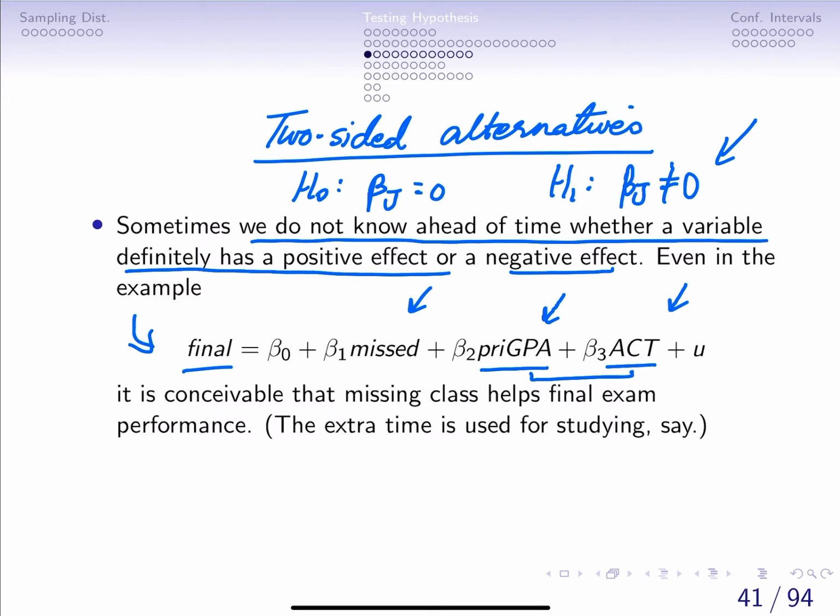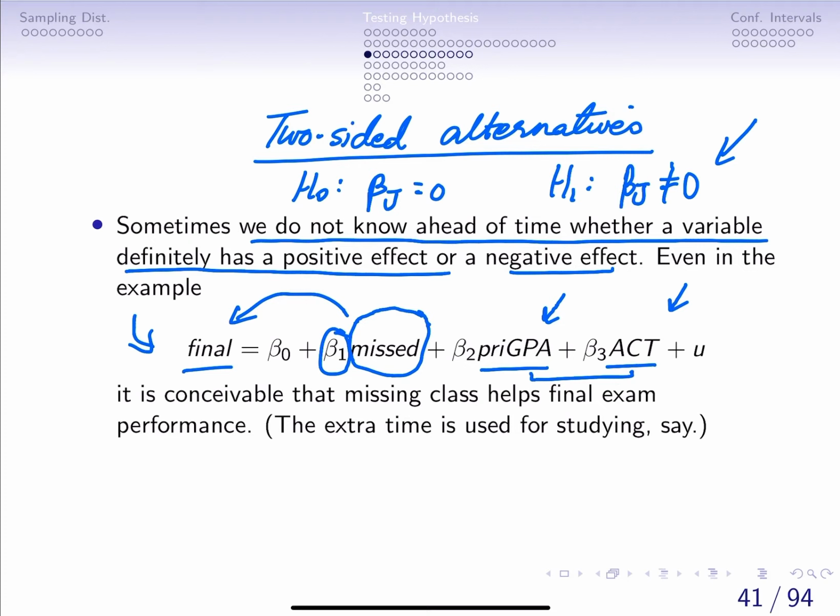But you may not have any particular idea about whether the number of missed lectures actually has an effect on final exam scores, or what type of sign beta 1 might have. You might think that somebody who comes to class may perform exactly the same way as somebody who's missing a class, maybe because of their preparedness, for instance.